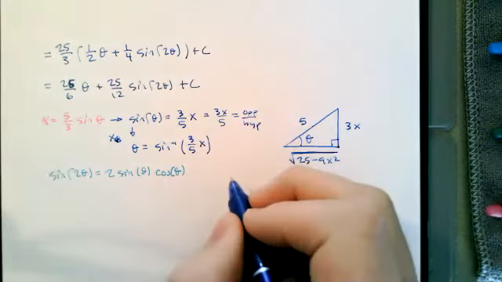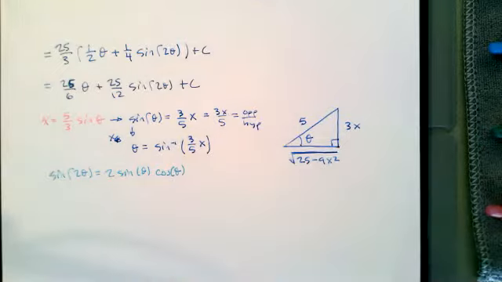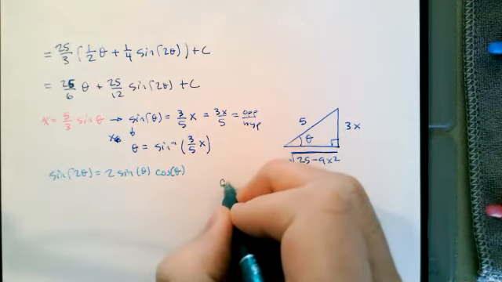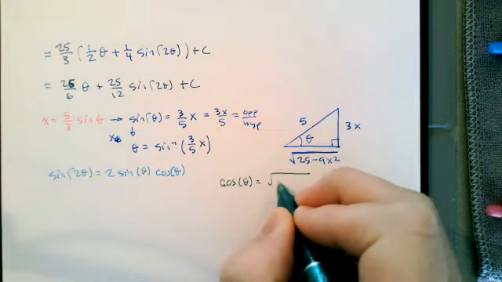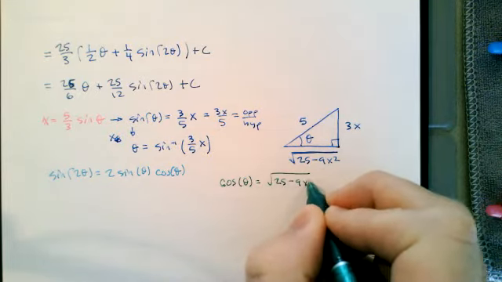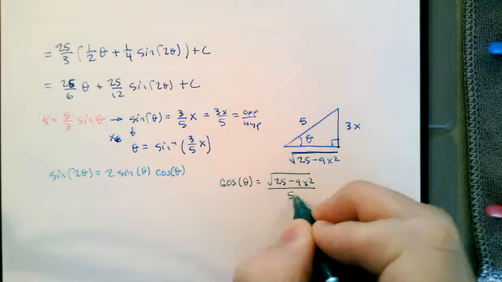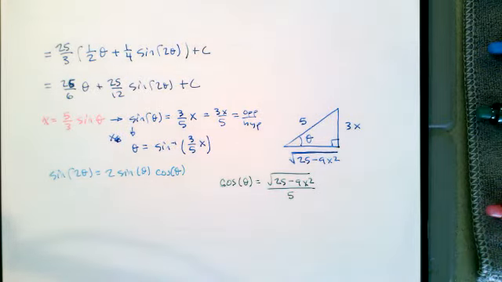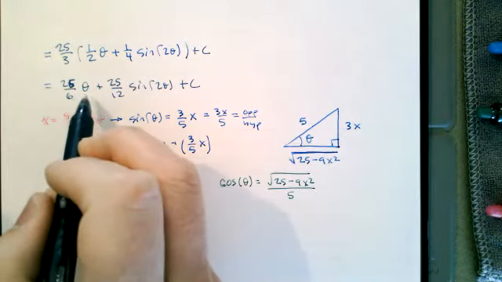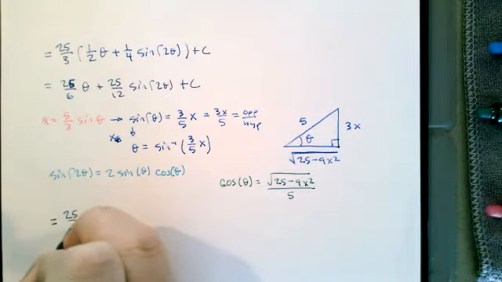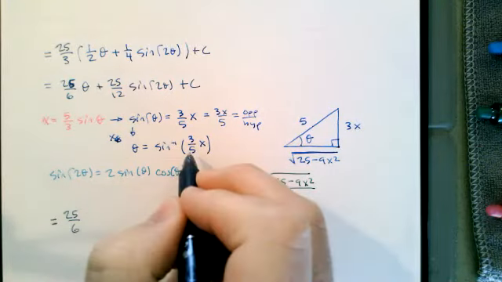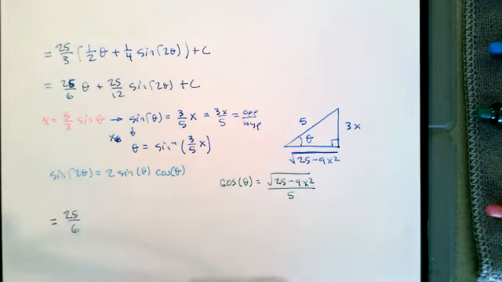So now I'll be able to replace the cosine of theta with adjacent over hypotenuse. So I've got 25 over 6 times theta, and theta is sine inverse of 3/5 x.